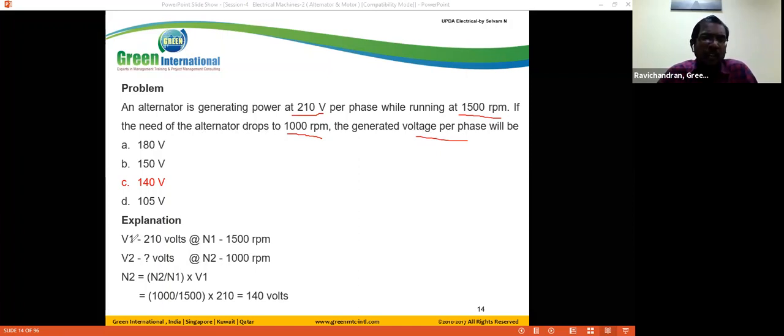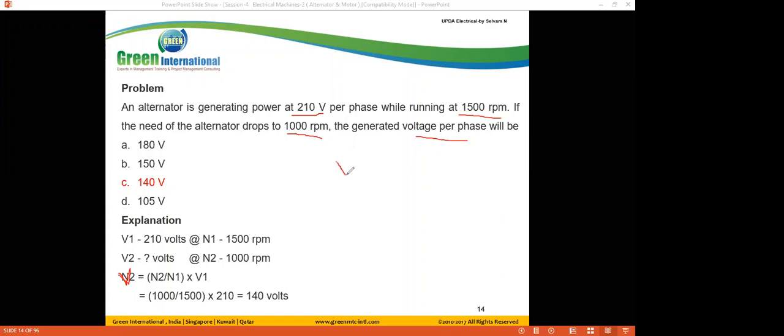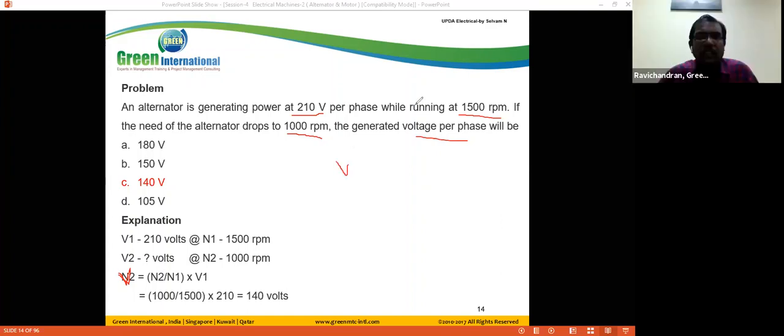The induced voltage is 210 volts at speed 1500 RPM. Using this formula, V2 is equal to N2 by N1 into V1, so we get 140 volts. Are you clear? Yes, clear.